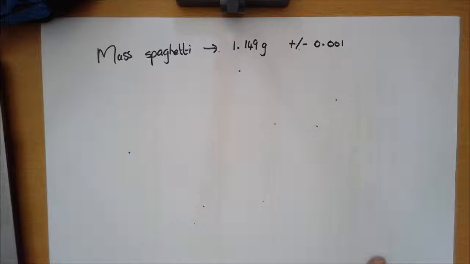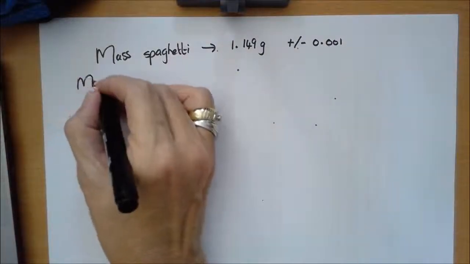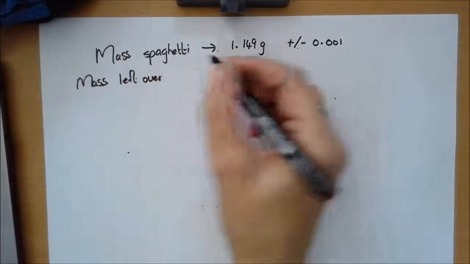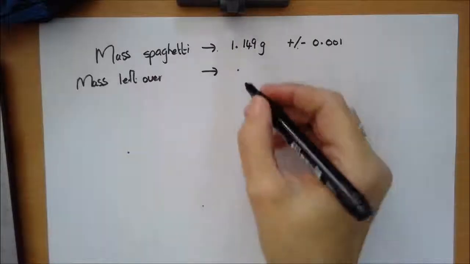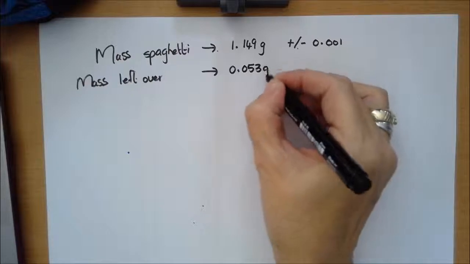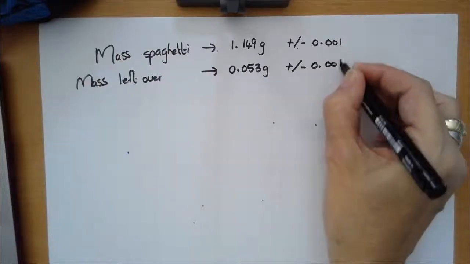The next thing that I also had to do is get the mass of the leftover. That's that little piece that you didn't burn. In the experiment I did, the mass of my leftover pasta was 0.053 grams of pasta, again plus minus 0.001.